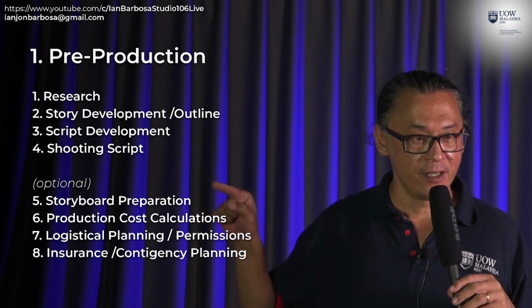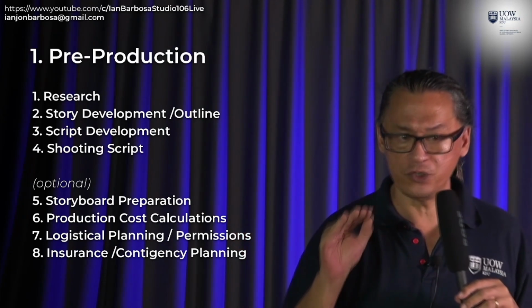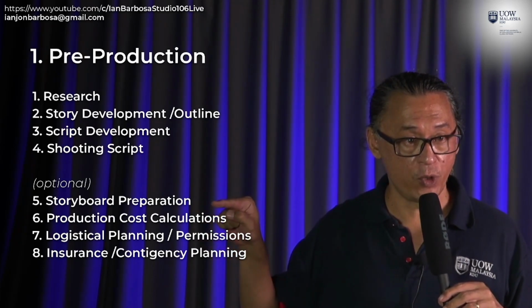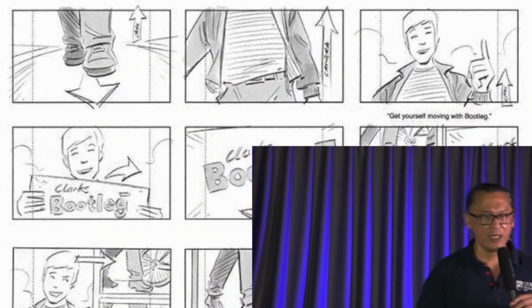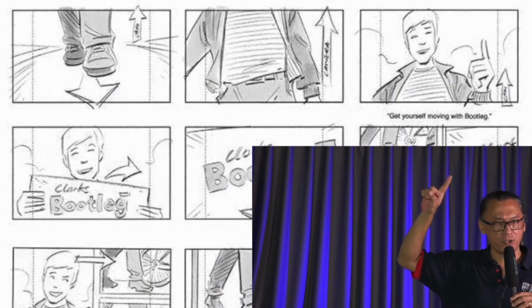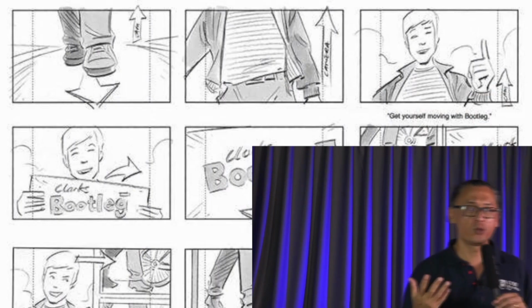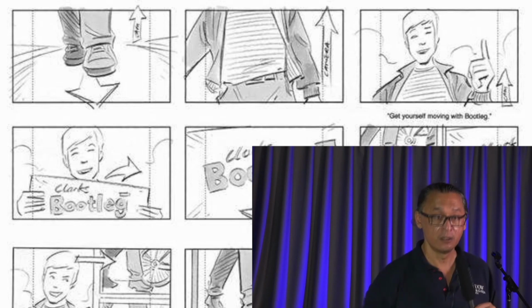We are now going to look at one thing that is really cool, which if you can do it, I would recommend you try, and that is storyboard preparation. Let's look at the storyboard right now. Those boxes up there are called storyboards. They are visual representations of what you want to see on the screen.